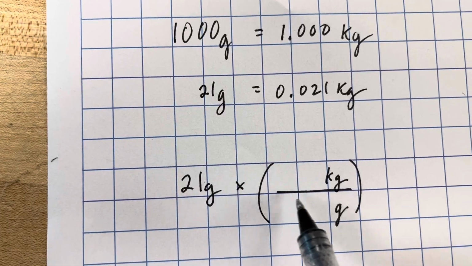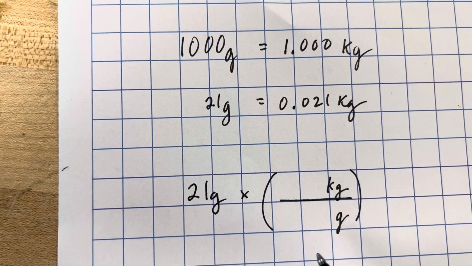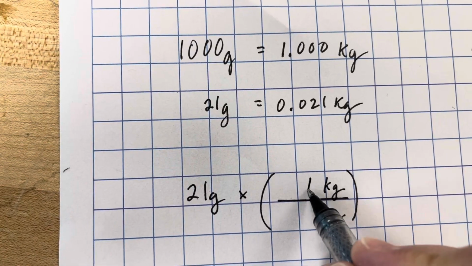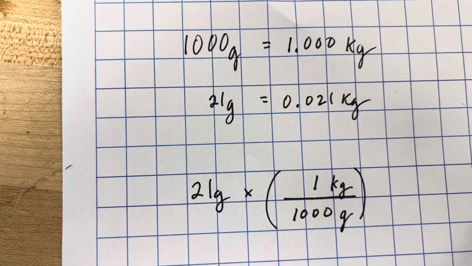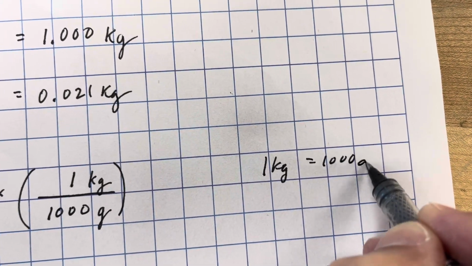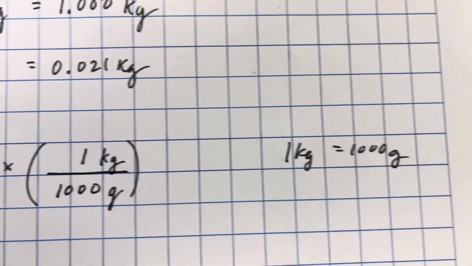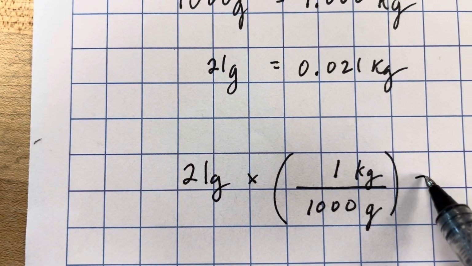This is a fraction that's simply changing kilograms to kilograms. And our ratio is there's 1 kilogram for every 1,000 grams. Those two things are equal, okay? So we're not actually changing the amount, we're just changing the units.